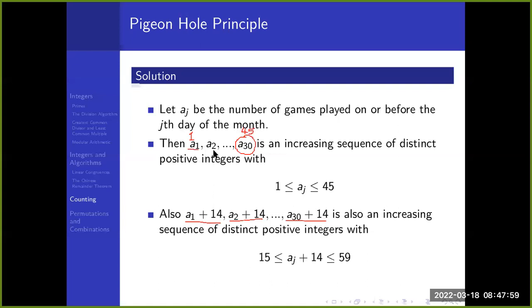That follows from the fact that none of the first were equal. And since we are adding 14, this new set will be numbers between 15 and 59. So if you pool both sets, you have a total of 60 numbers, and none of those exceed 59, right?